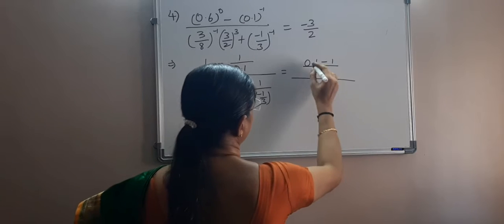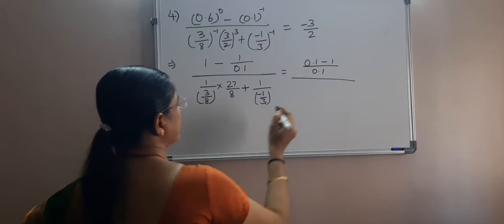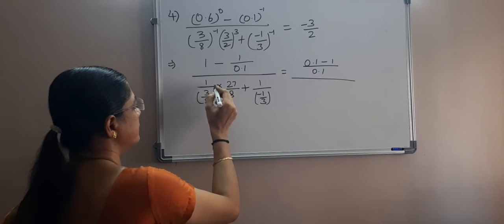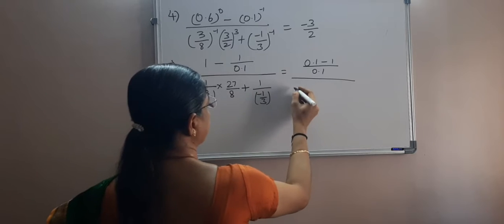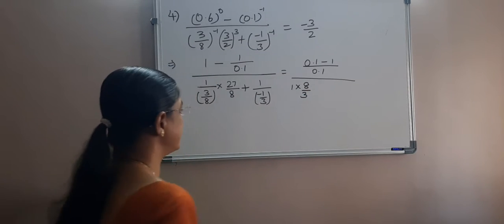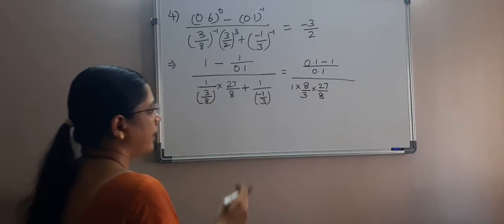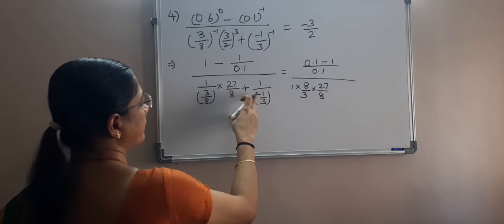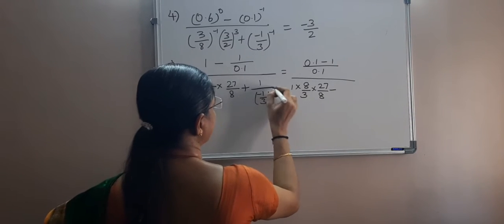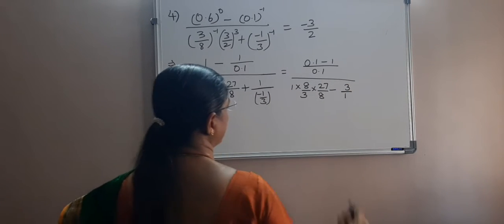So the numerator becomes 0.1 minus 1 divided by 0.1, and here see 1 divided by 3 by 8, and this division I take as a multiplication, and this becomes 1 into 8 by 3, isn't it, into 27 by 8. And again you have a minus here, so plus into minus becomes minus here, and this division becomes multiplication, and you get 3 by 1 here.